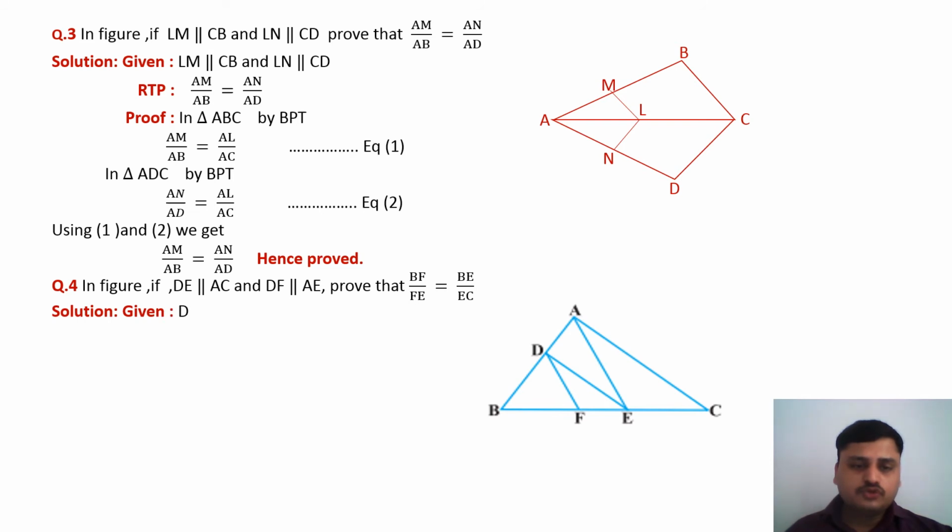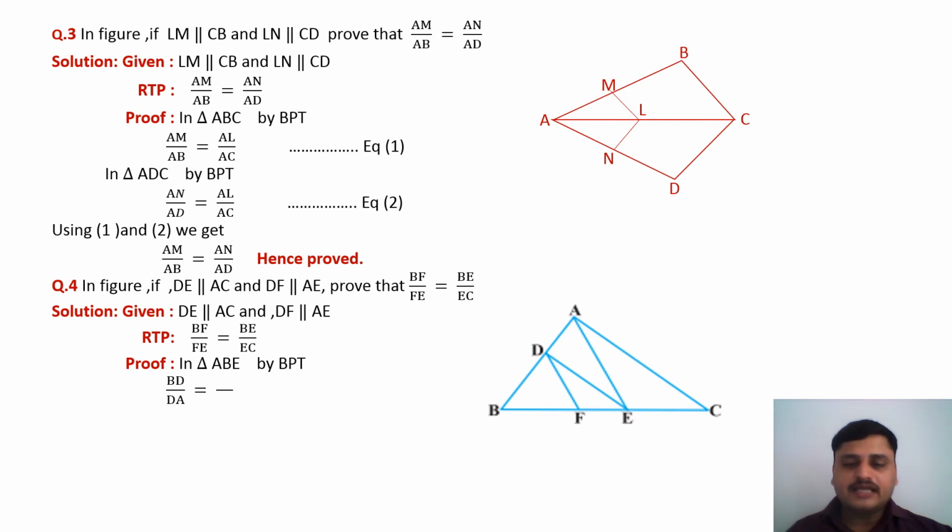We need to prove the following. First of all, we will write in given: DE is parallel to AC and DF is parallel to AE. We need to prove BF by FE is equal to BE by EC.